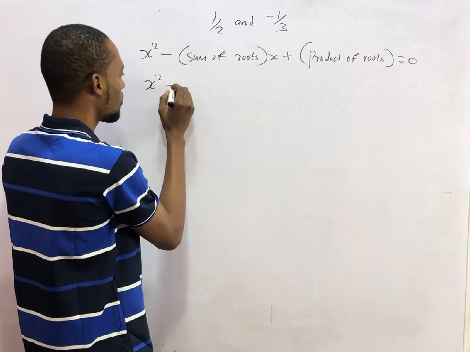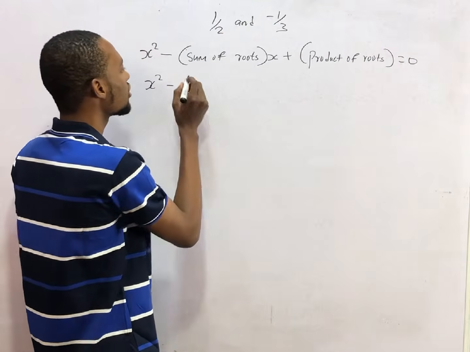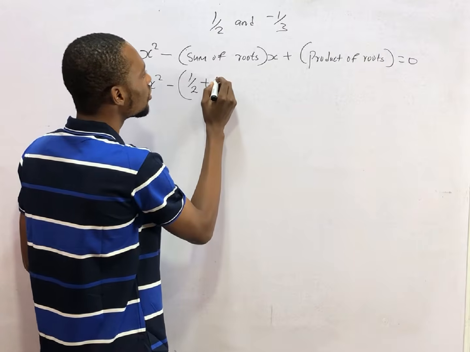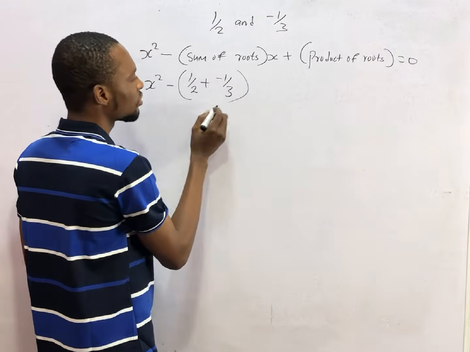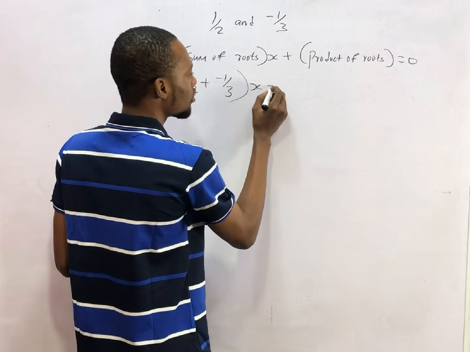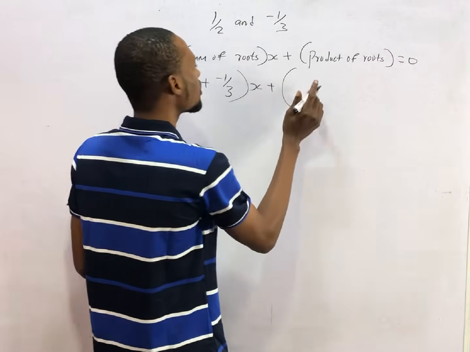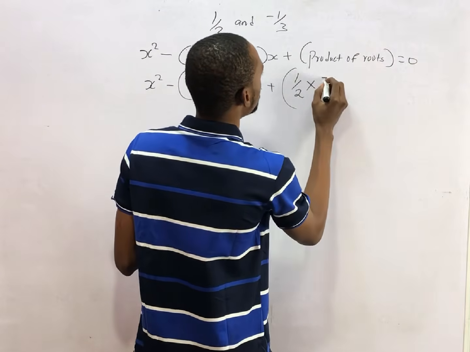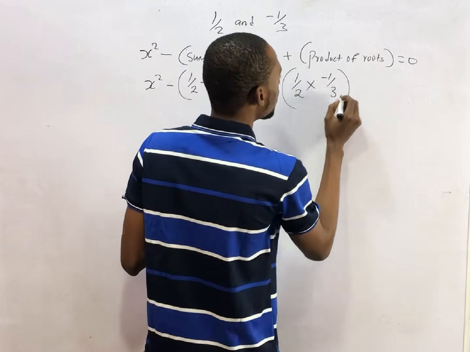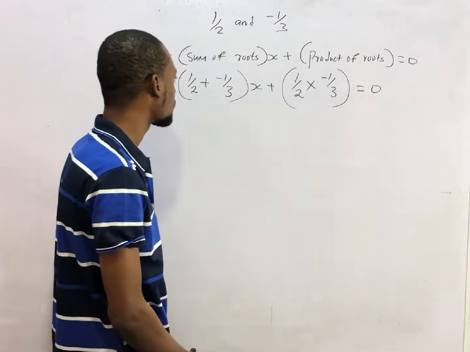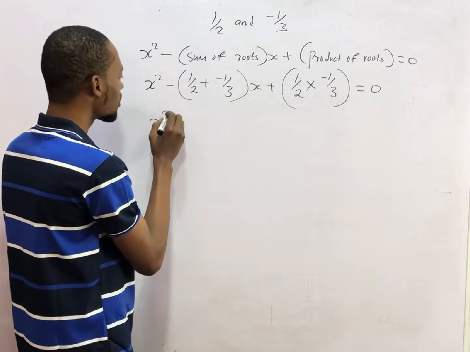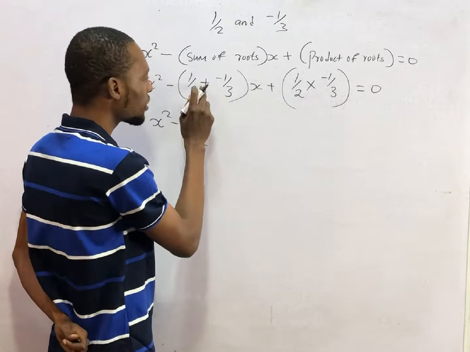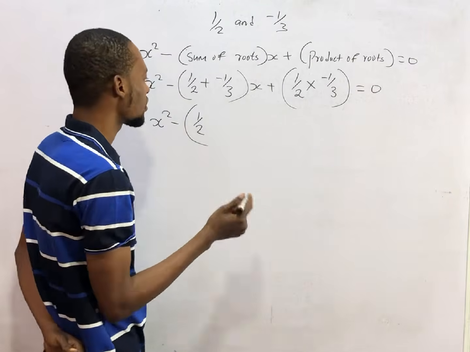s squared minus the sum of roots, which is simply 1 over 2 plus minus 1 over 3, times s, plus the product of roots, which is simply 1 over 2 times minus 1 over 3. Everything is equal to 0. Minus always wins.